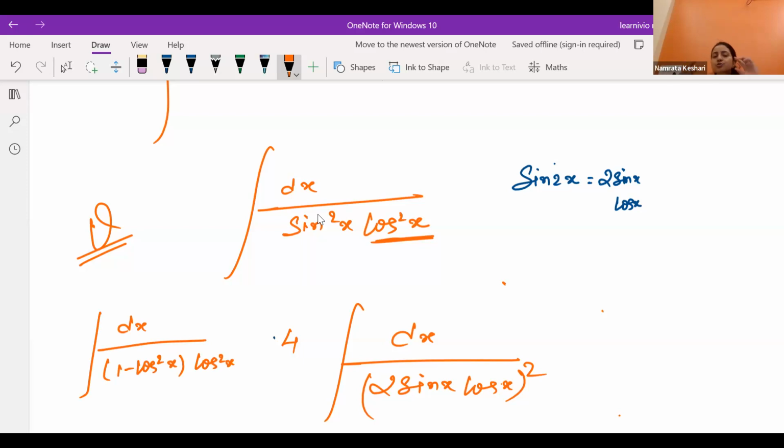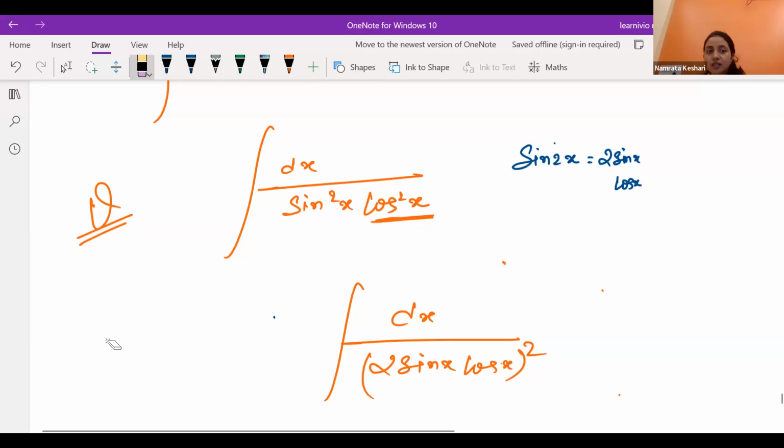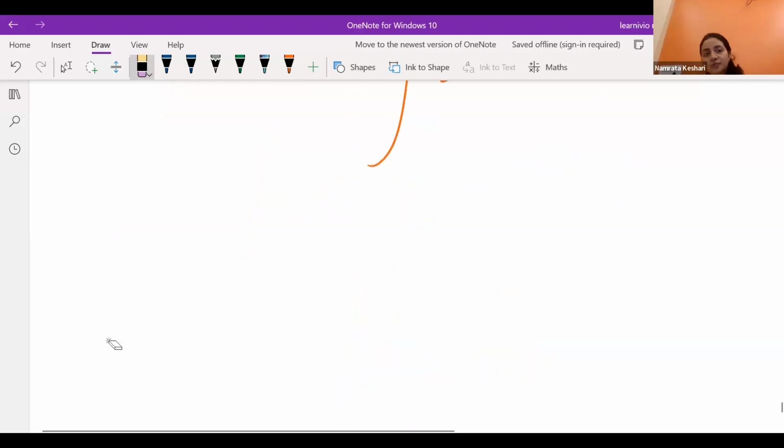We'll be taking the substitution and so many things will come, but it is better to use the identity, and it becomes so simple. And now we are going to discuss how to use the trigonometric identity to simplify our integration. That is the next part over here.